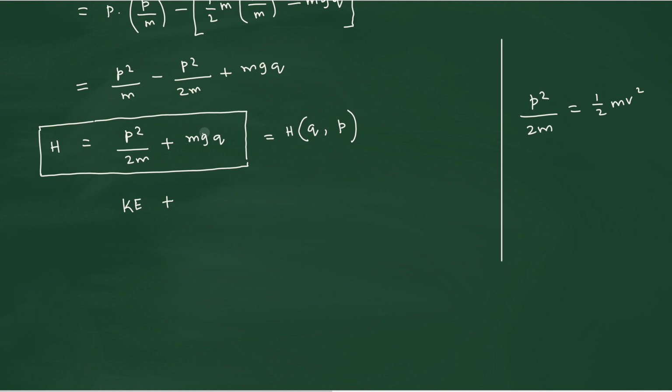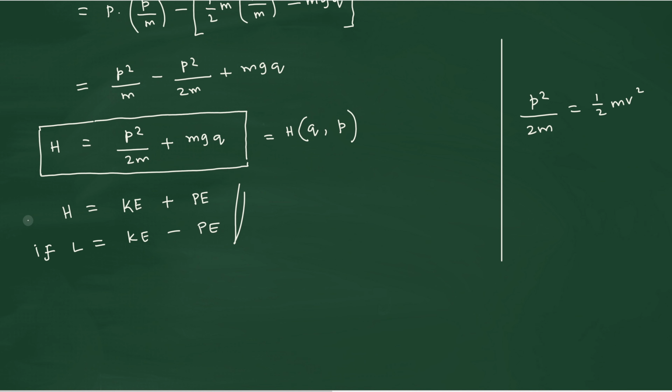And the mgq did not change its structure. It is the same mgq that was there from the beginning, and therefore that is the potential energy term. So ultimately, we recognize that H is becoming kinetic energy plus potential energy if the Lagrangian starts with kinetic energy minus potential energy.